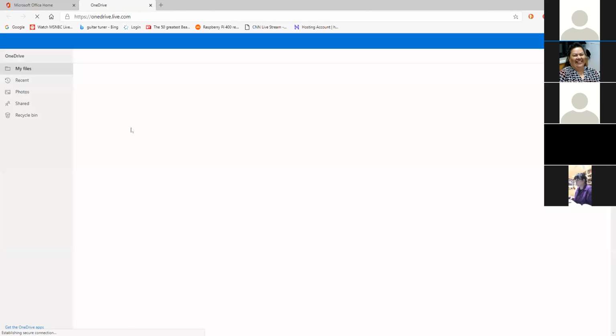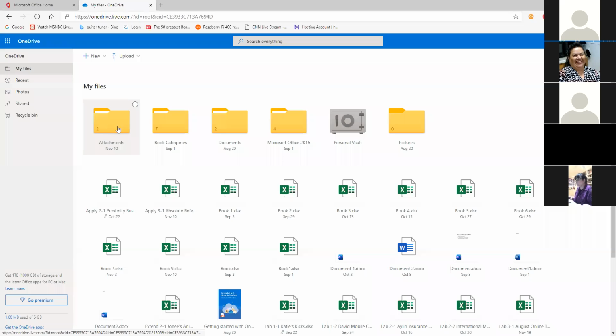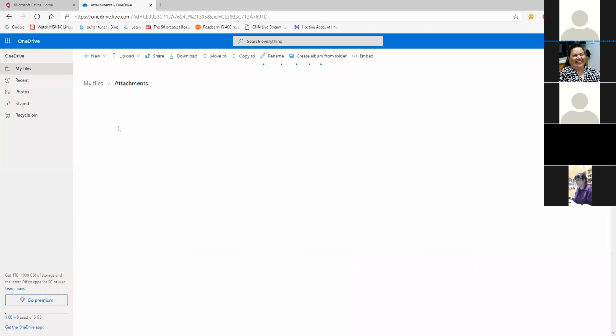Where's my one? Right here. Somehow it goes to a folder called attachments. See? And see, mine is right here, function. When you save it to your OneDrive, it goes to a folder named attachments on your OneDrive.